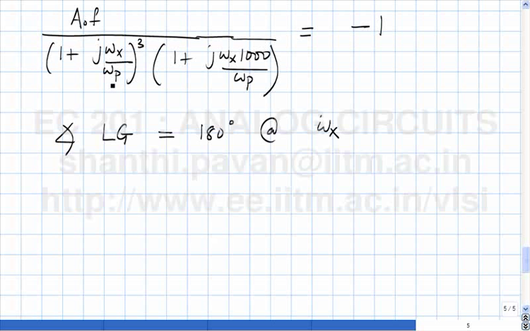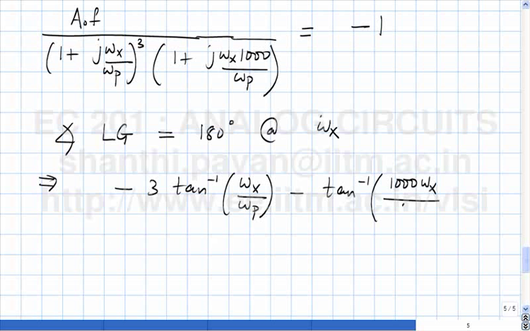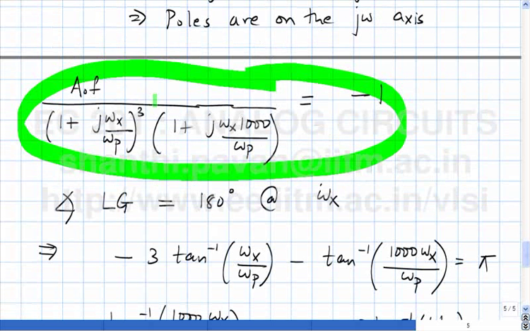So can you now help me figure out what this must be? Minus 3 tan inverse omega x by omega p minus tan inverse 1000 omega x by omega p must be equal to... The math is alright, we will get to it.